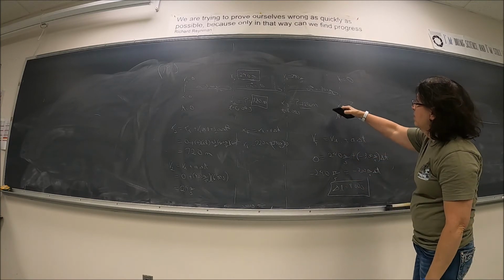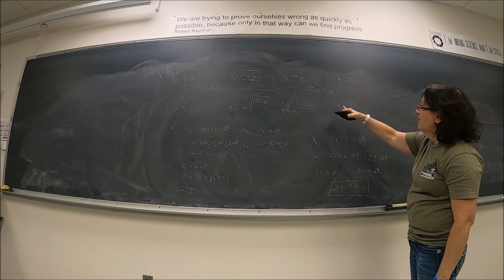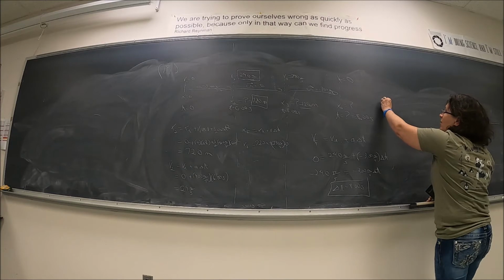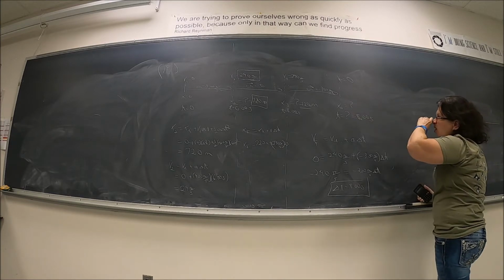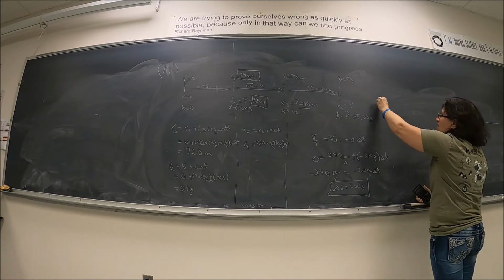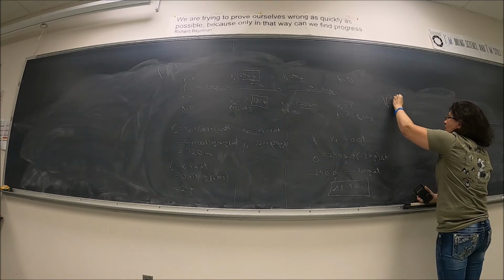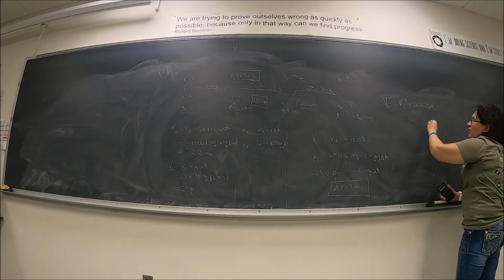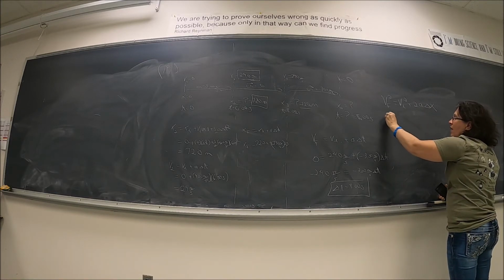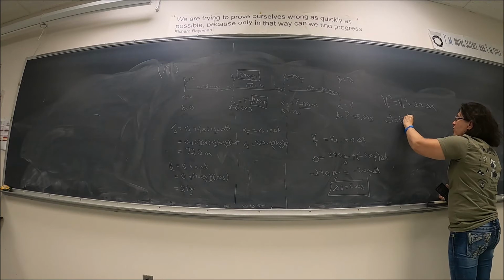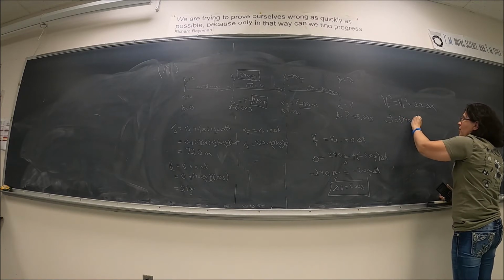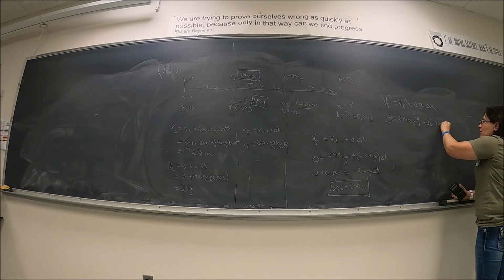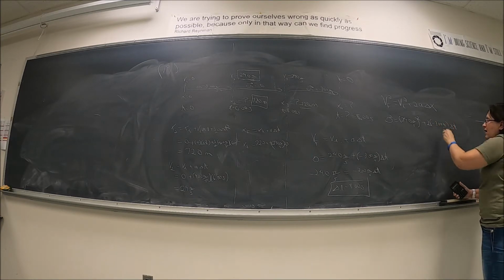And now I can use my initial velocity, my acceleration, and my time to figure out what my final position is. Or, there's a couple of ways to do this. I could use v final squared equals v initial squared plus 2a delta x. I'm going to use that one. So I have 0 squared equals 24 meters per second squared plus 2 times the minus 3 meters per second squared delta x.